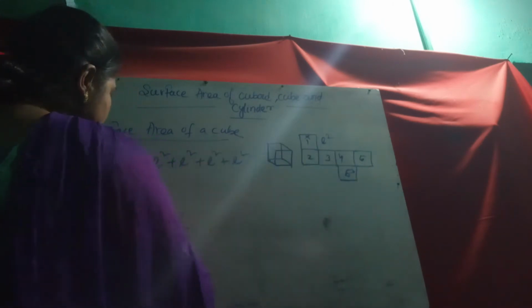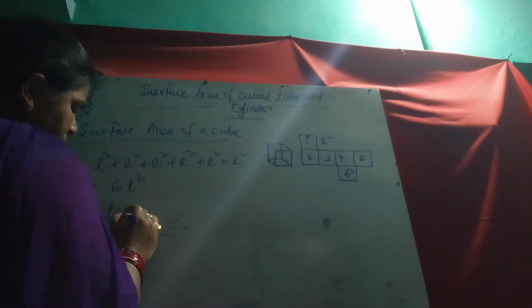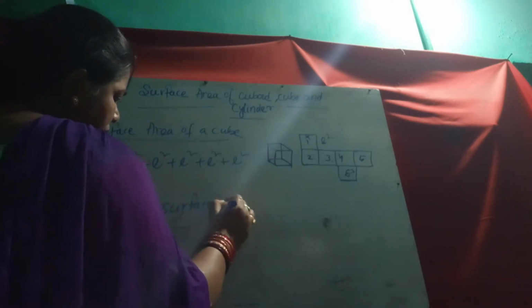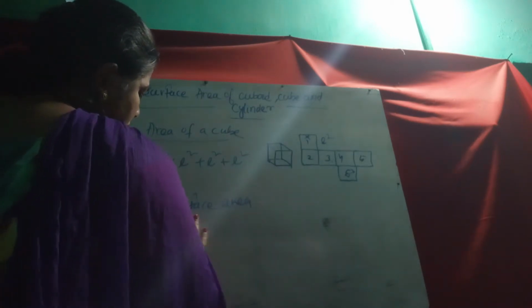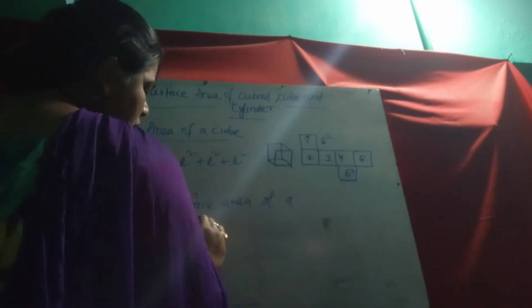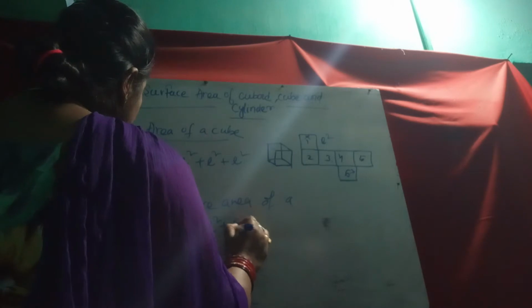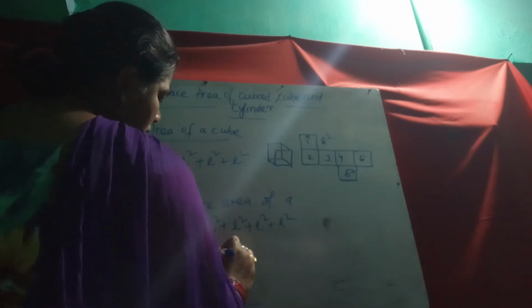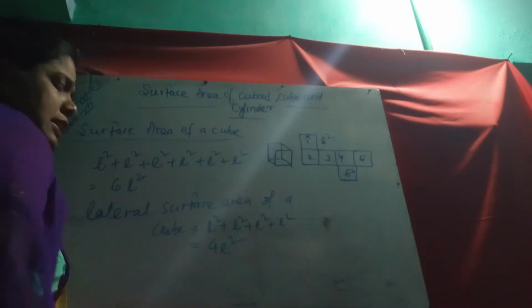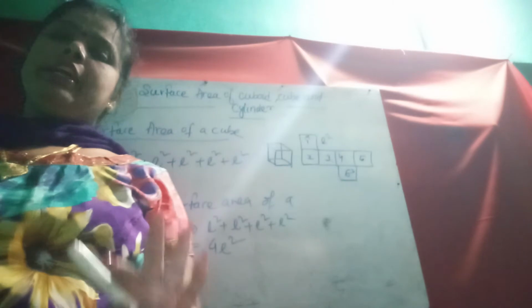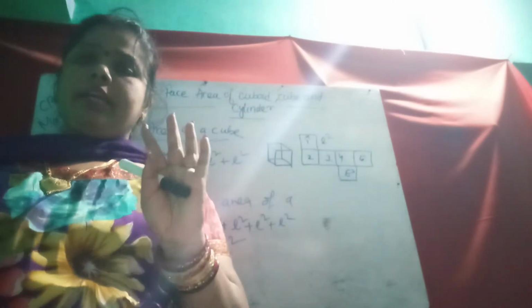So the lateral surface area of a cube means 4 sides: L square plus L square plus L square plus L square, that is 4 L square. So the complete surface area of a cube is 6 L square. The lateral surface area of a cube is 4 L square.